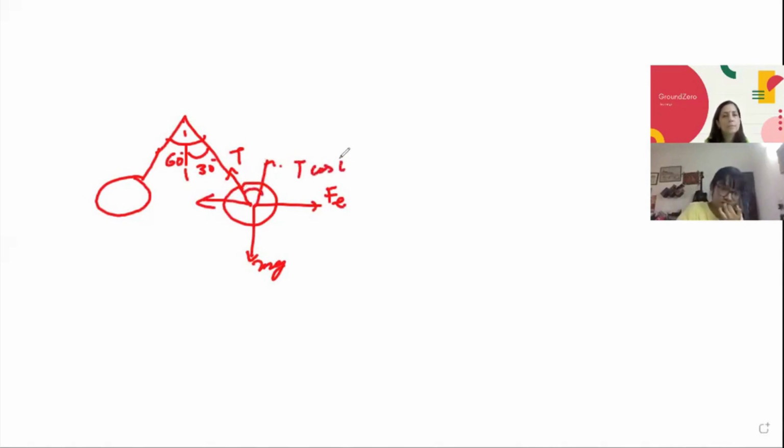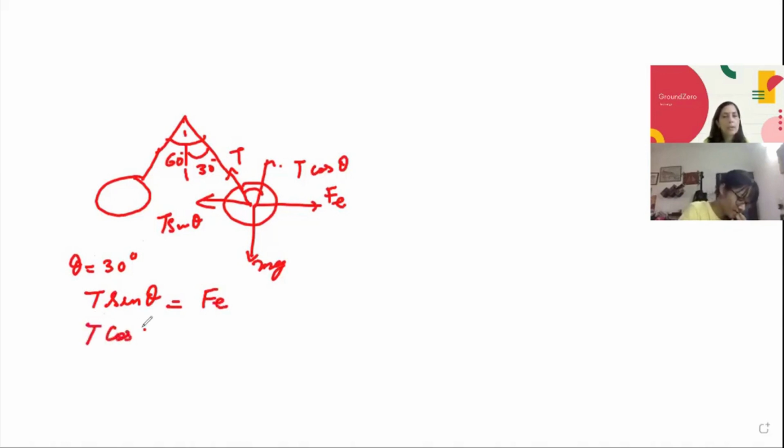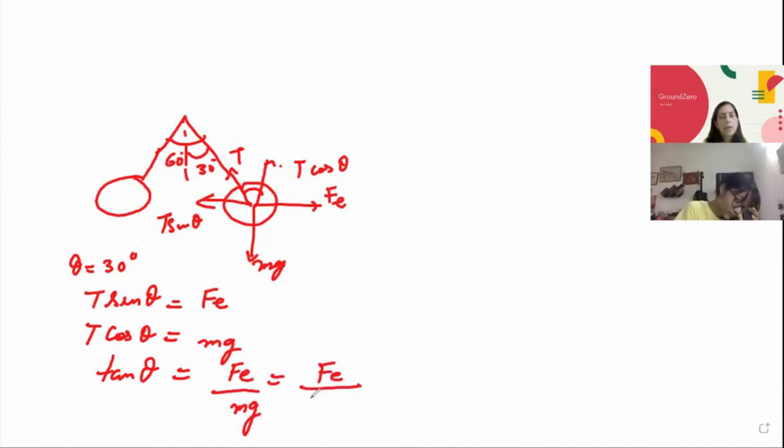So T cos theta and T sin theta. So you have taken theta equal to 30 degrees. T sin theta is equal to Fe, the electrostatic force in vacuum, and T cos theta is equal to mg. When you divide this, we get tan theta is equal to Fe upon mg, right?